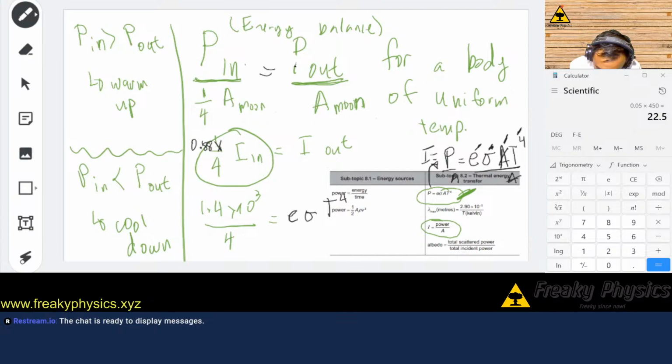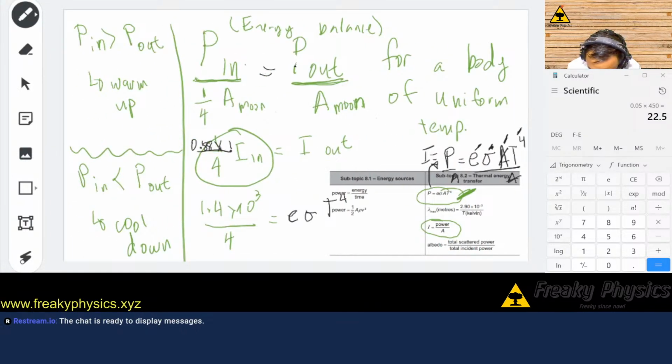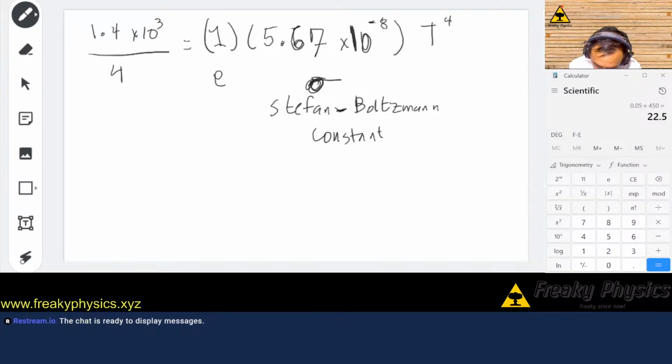0.88 times 1/4, so that gives us 0.22 at the end, right? So we're going to have 0.88 here, times that over 4, is equal to the whole thing.